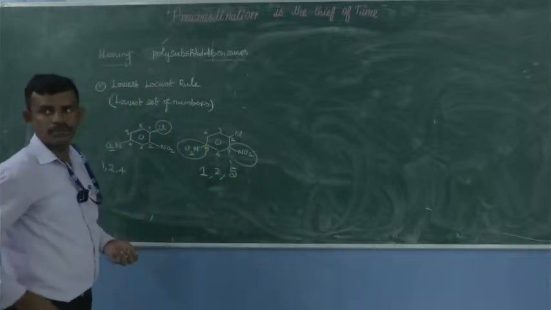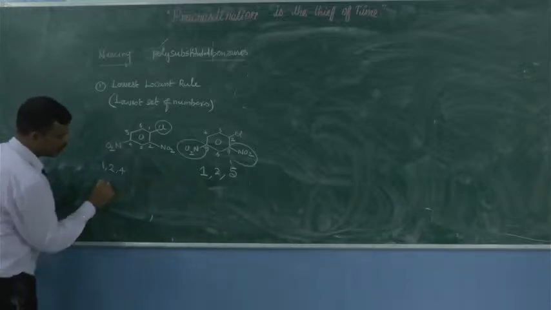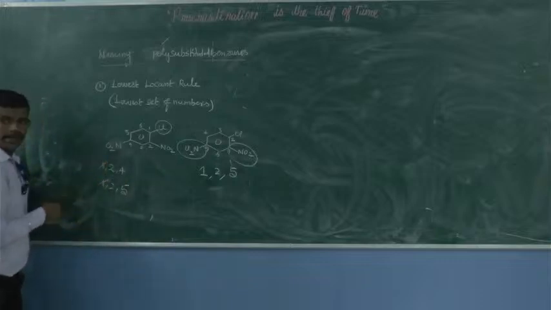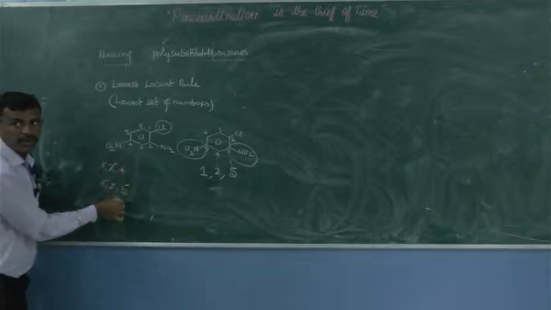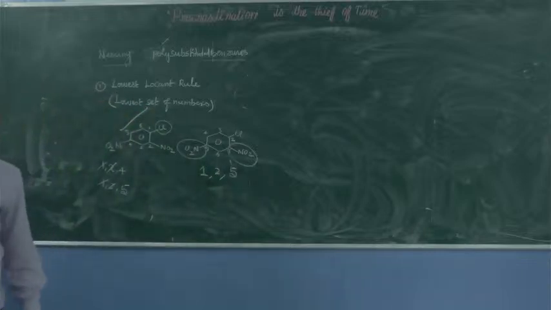Compare these two: here we have 1, 2, 5. The 1 cancels out, the 2 cancels out, and 4 versus 5, this is the lowest number. Which numbering is correct? So this one. Is it clear? So this will stop.